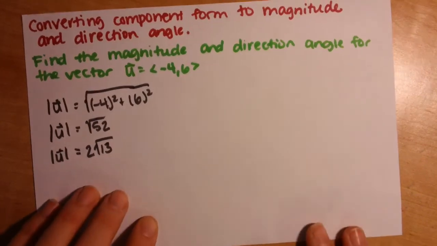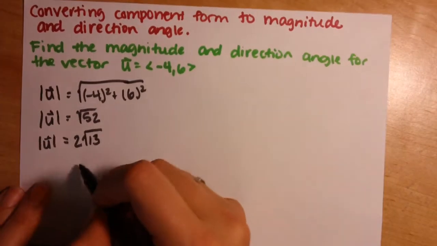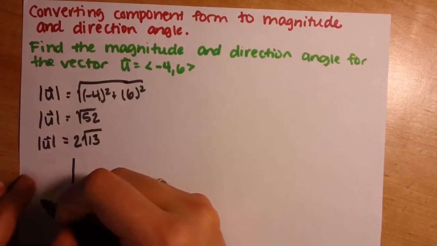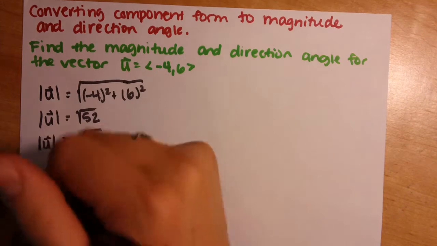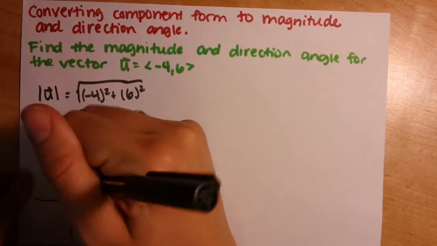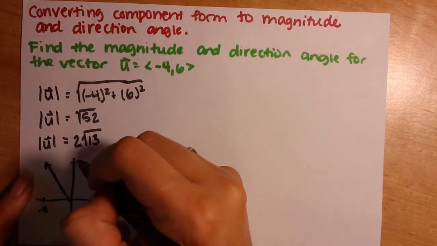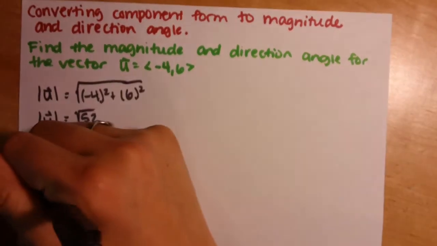Now we want to find the direction angle. If we had our triangle, or angle, it's -4, 6. So this is -4, goes up 6.